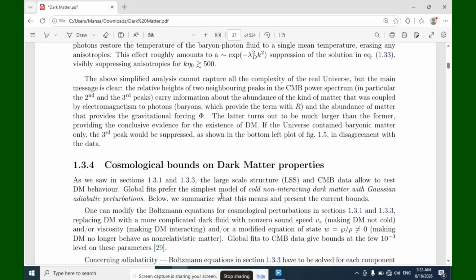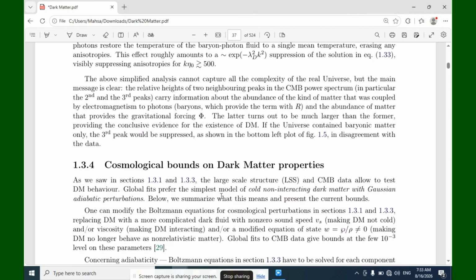The relative heights of two neighboring peaks in the cosmic microwave background power spectrum, in particular the second and the third peaks, carry information about the abundance of the kind of matter that was coupled by electromagnetism to photons, baryons, which provide the term with R, and the abundance of the matter that provides the gravitational forcing field.